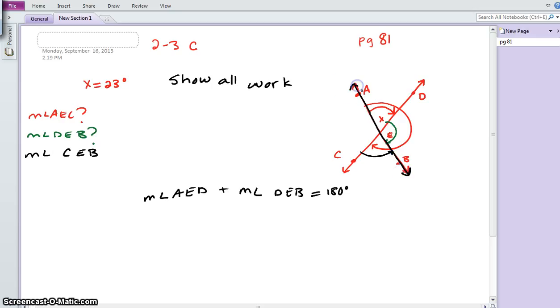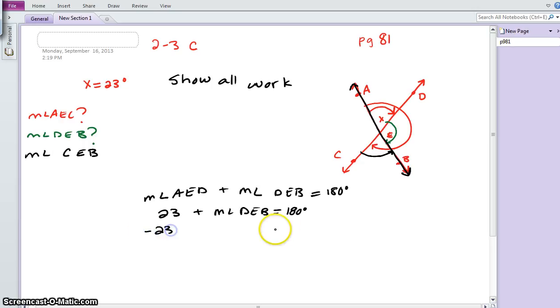A straight angle has a measure of 180 degrees. And we're told that the measure of angle AED in this case is 23 degrees. So 23 plus the measure of angle DEB equals 180 degrees. That's the second step, and I believe you're writing what I'm writing.